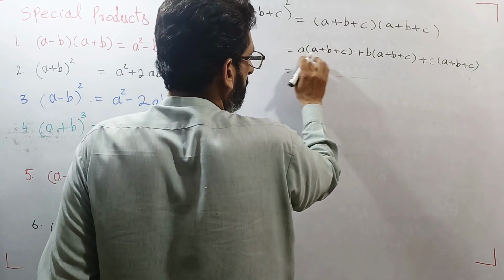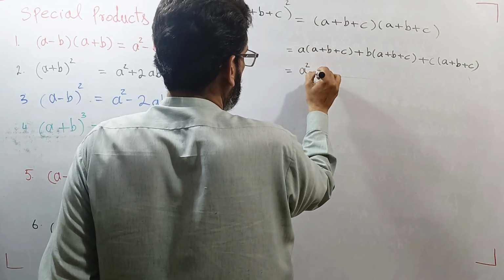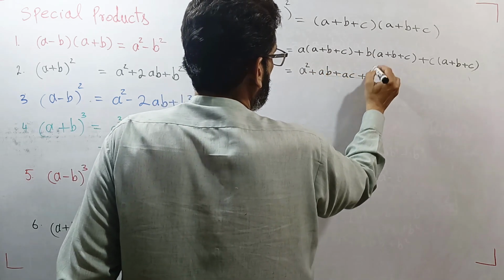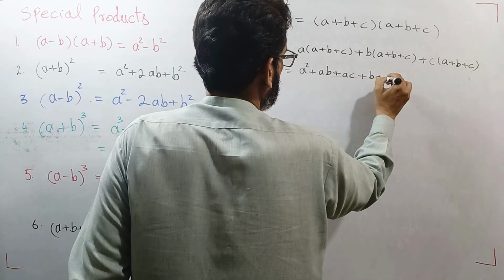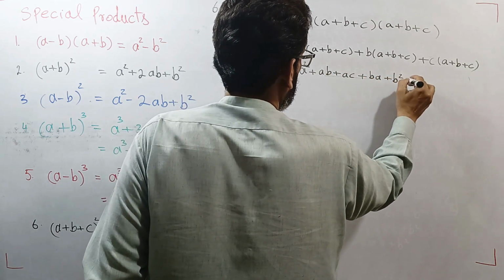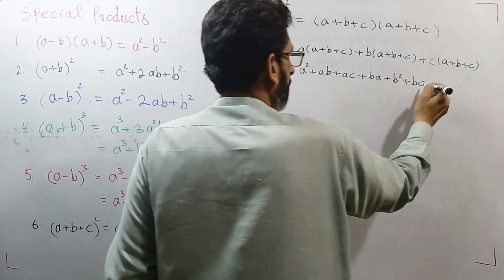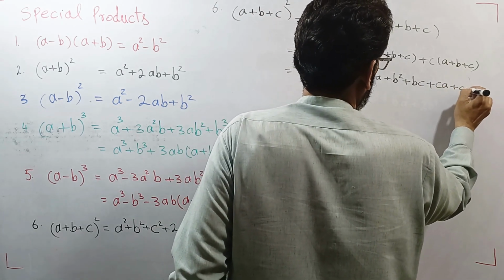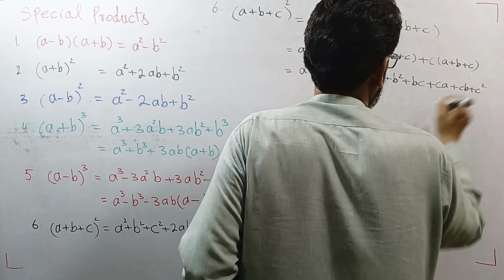When we multiply a with these terms, we get a square plus ab plus ac. This is ba plus b square plus bc. And here we have ca plus cb plus c square.